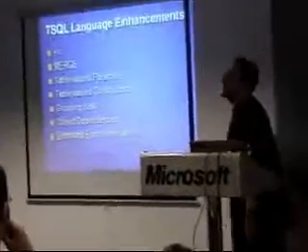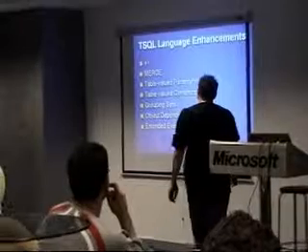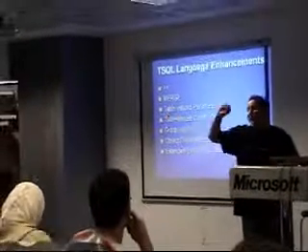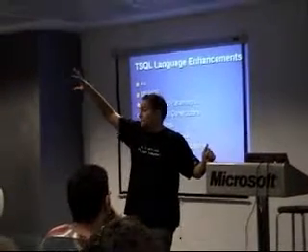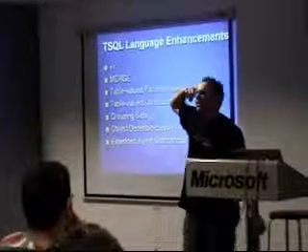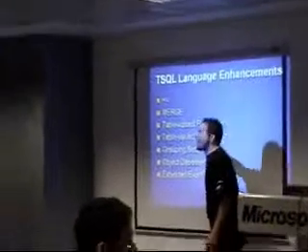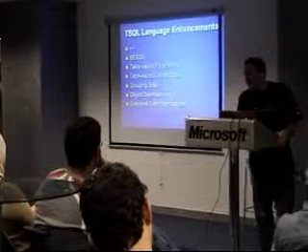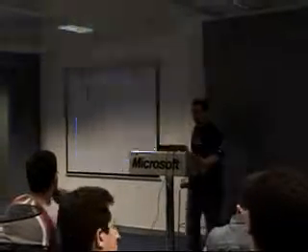There's also a new T-SQL operator called merge, which I'll give you a quick demonstration of. There's also table valued parameters, where you can actually pass in a table value as a parameter. This is great if you'll be using LINQ. I'm not a huge fan of LINQ, but LINQ does have some good applications, so you can actually pass in table valued parameters. You can group sets together and do a lot of other things with event notifications.